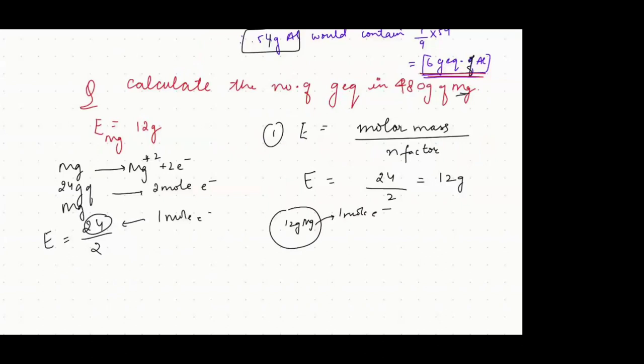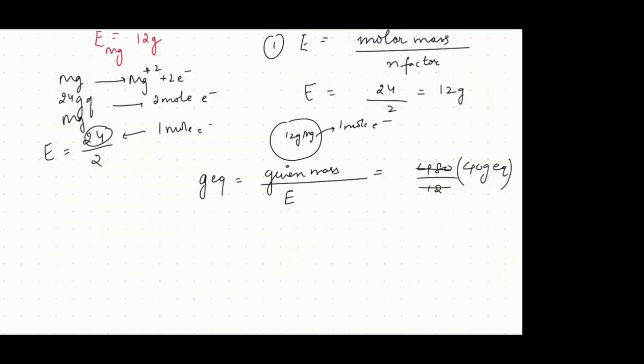Either you apply the formula straight away: the number of gram equivalents is equal to the given mass in the question upon the equivalent mass. That is 480 divided by 12, which is 40 packets. That is one direct formula application. The second way, you say that 12 grams of magnesium makes 1 gram equivalent.